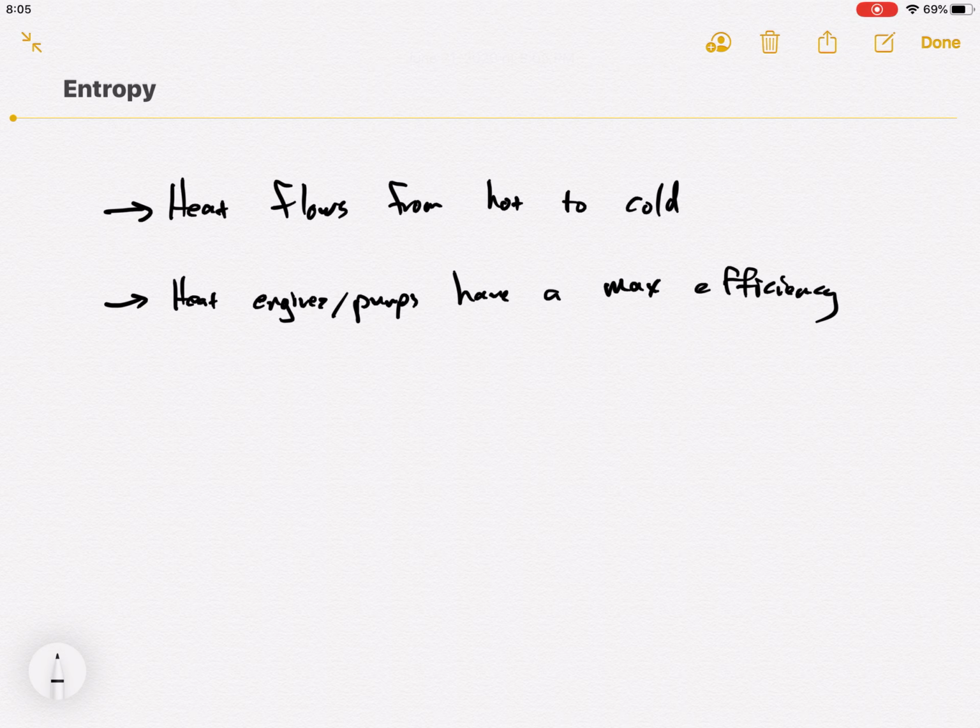Again, the first law says you can be 100% efficient if you can reduce your exhaust to zero, and the second law says you have to have some exhaust.